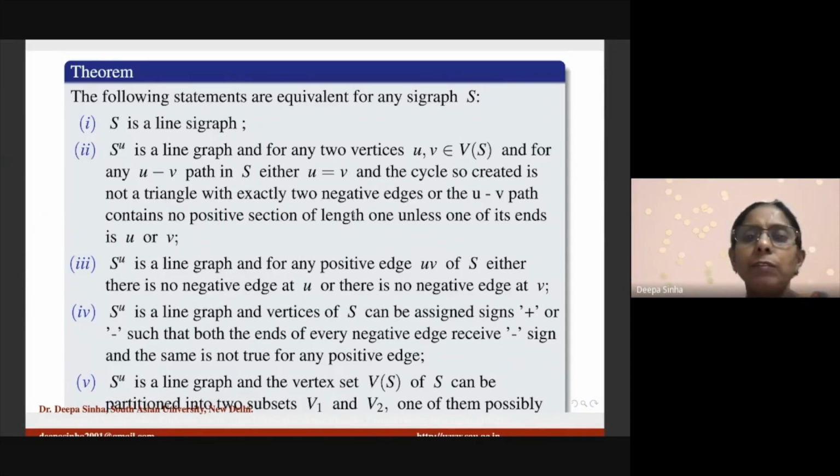For any two vertices U, V belonging to V(S), and for any UV path in S, either U is equal to V and the cycle so created is not a triangle with exactly two negative edges, or the UV path contains no positive section of length 1 unless one of its ends is U or V.